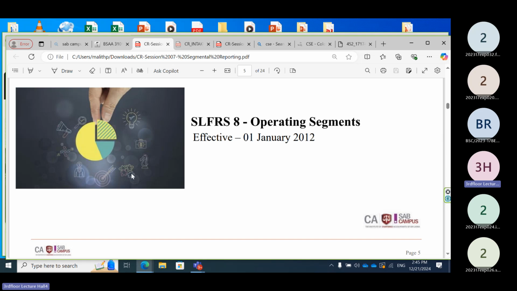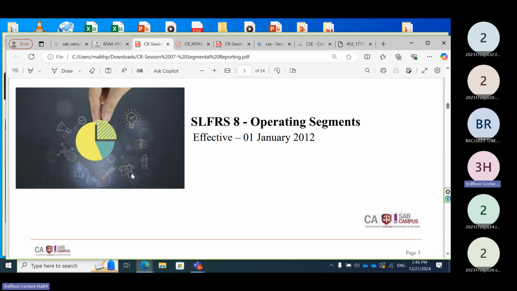Operating segments. Segmental analysis, segmental reporting, operating segment. So that's the important standard for a listed company. Whether you are an accountant, finance manager, or auditor for a listed company, the entity having listed financial instruments, this standard is a must.